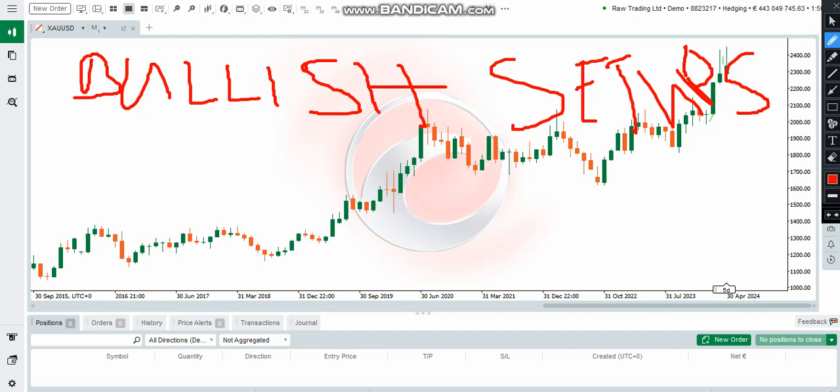Bullish setups are structures like this. This is a bullish setup. You can notice that price is making a series of higher highs.